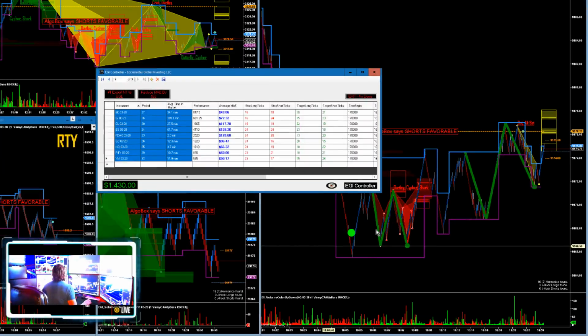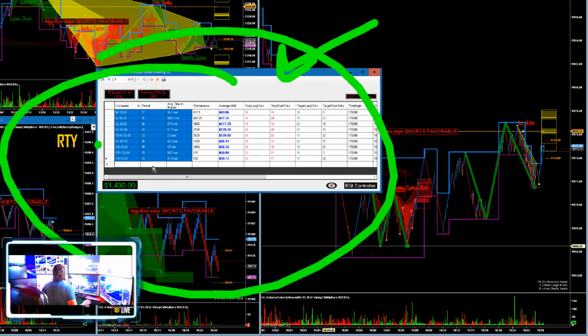This is what I produce for you guys once a week. It usually comes out on Sunday night, but oftentimes early on Monday morning, before the week begins. You need to look for this. This is our grid. If you're familiar with backtest, optimization, walk forward processes, this is the second step, the optimization process, where we tell the bots to go out and do their thing during current market conditions.